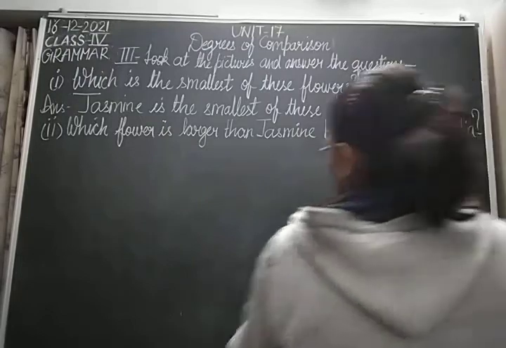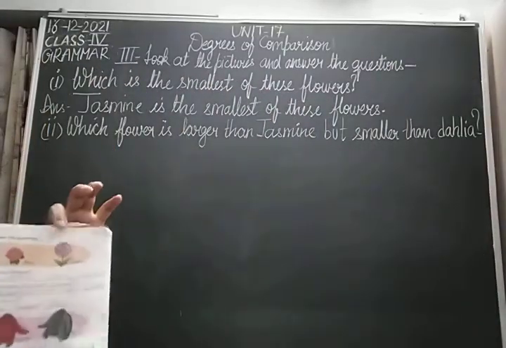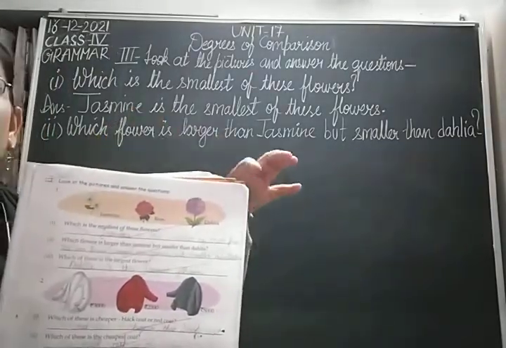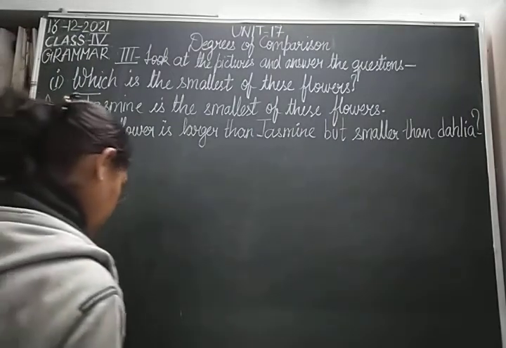Now, the question says which flower is larger than jasmine and smaller than dahlia? Which flower is bigger than jasmine and smaller than dahlia? So the answer is rose.